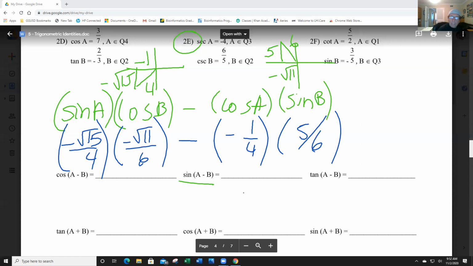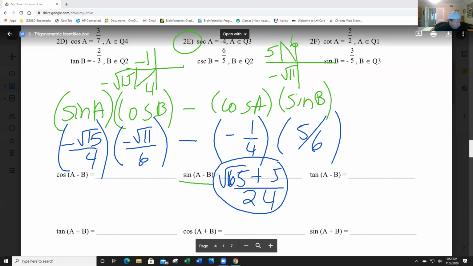The common denominator is clearly 24. On the top, if you multiply 15 and radical 11, you just get radical 165. You're not able to take anything out. That's radical 165. And the back part is plus 5. You've got the two negatives. So that actually isn't that bad.